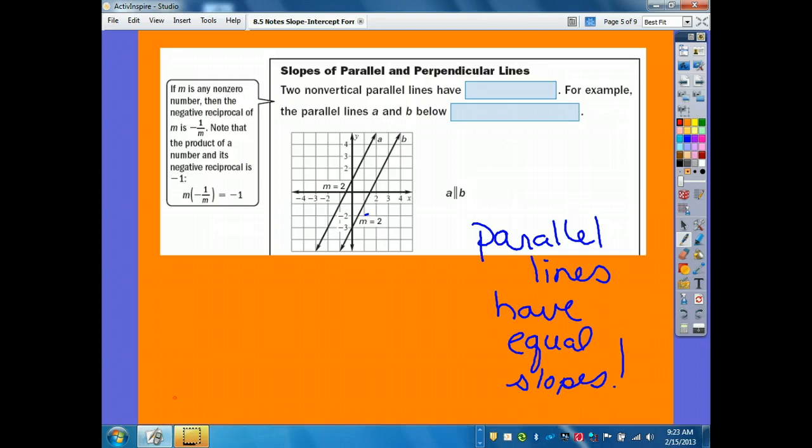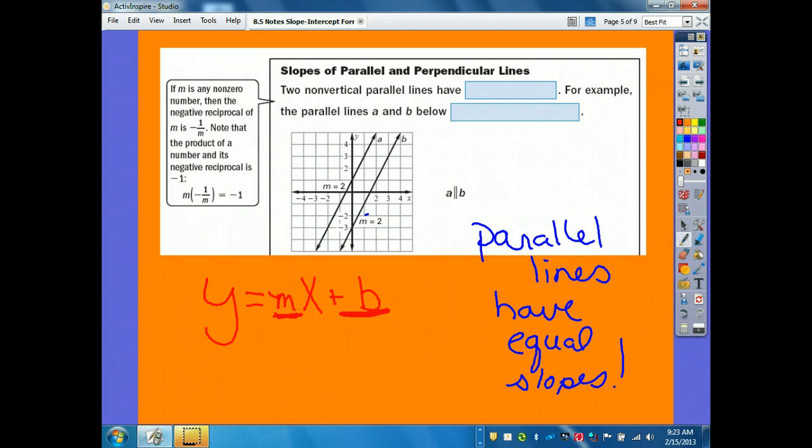So after we rearranged it and got it into slope-intercept form, y equals mx plus b, whatever was with x was our slope. Whatever we ended up out here with was our y-intercept.